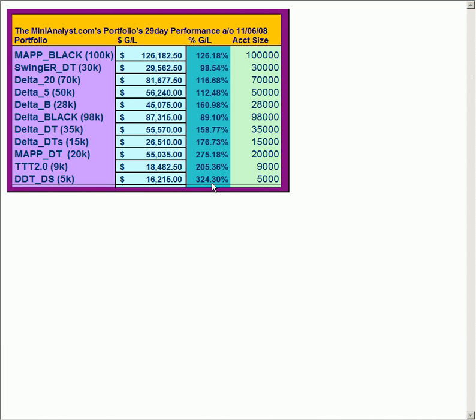There's the 29-day return, 324% for the Dual Day Trader, an astounding 126% gain for the MAP Black over 29 days, and there's the 73-day performance. Dual Day Trader almost up an astounding, trying to bust that 500% level. Hope we can do that on Friday, get over that 500%, 5-century mark for the Dual Day Trader. But the MAP DT, much larger portfolio, $20,000 portfolio, up 434% in the same time. Outstanding numbers, and there of course is the MAP Black outperforming, doubling the very aggressive Swinger DT.